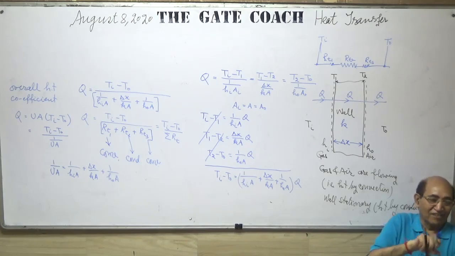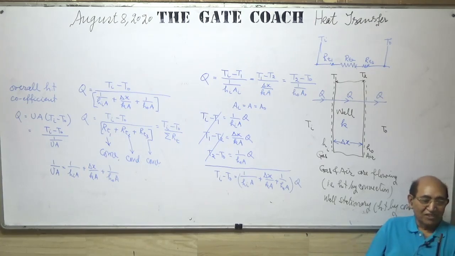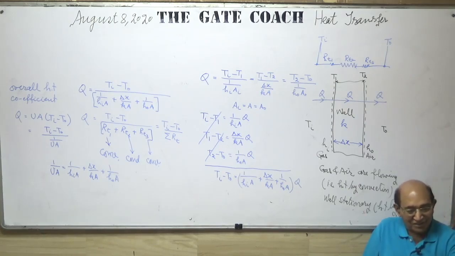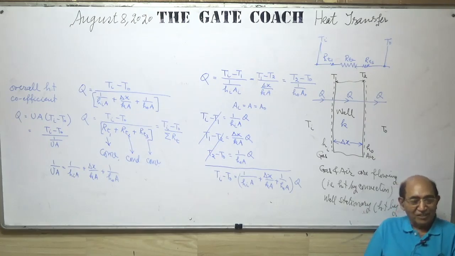This area. All the three are same. Areas will be changing if it is a cylindrical pipe. Inside area corresponding to inside radius, then outside radius. We'll solve the problems and derive the expressions. Whenever it is a case of wall, areas are same.